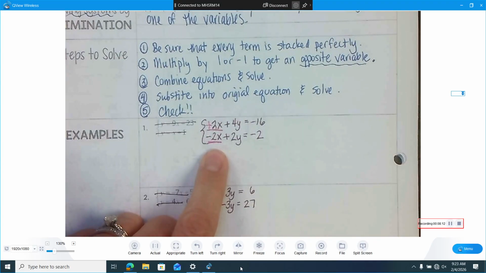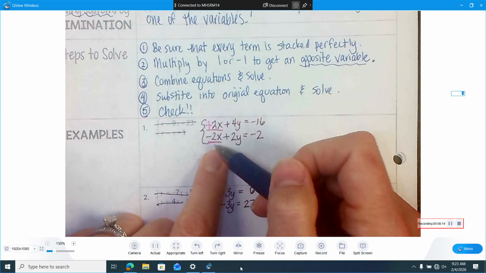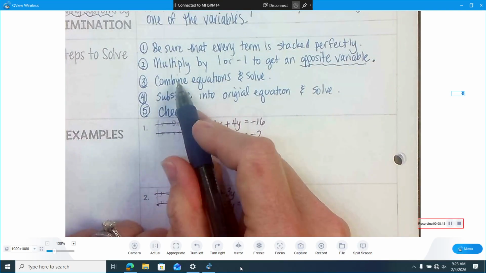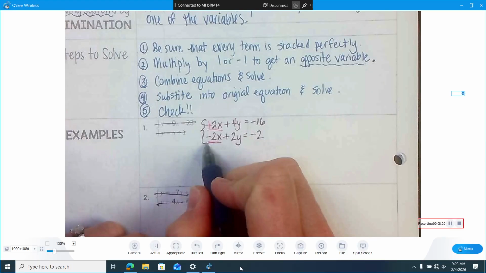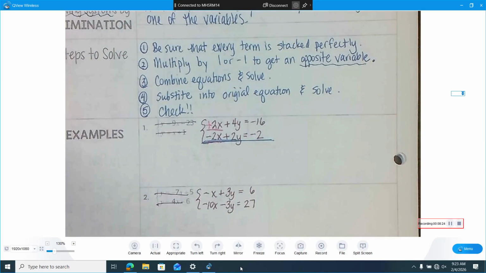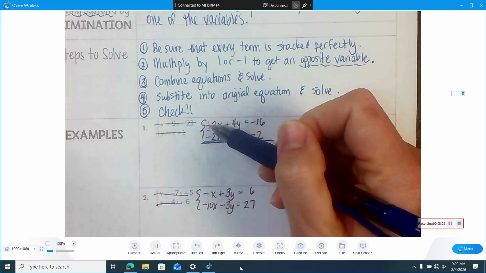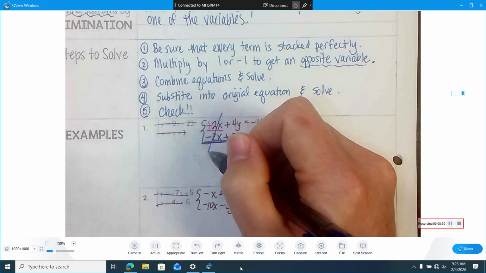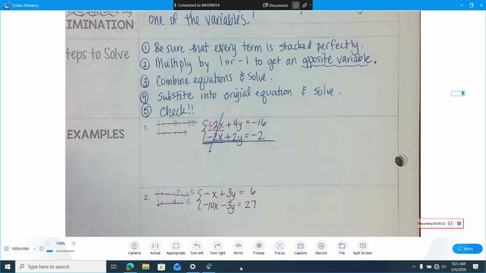So since I have opposites already, I'm going to simply combine the equations. To combine the equations, I'm going to draw a line, and I get to total things up. What is positive 2x and a negative 2x? 0. Hey, look at that. They disappear. They cross out because of 0. 0 x's is nothing, all right?